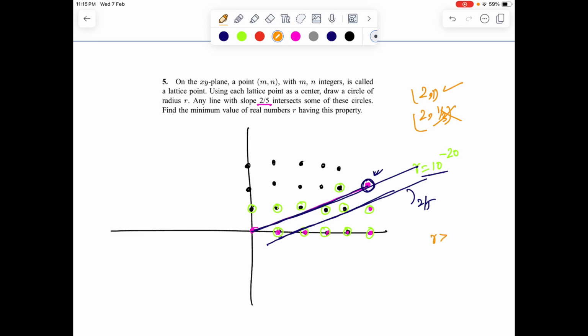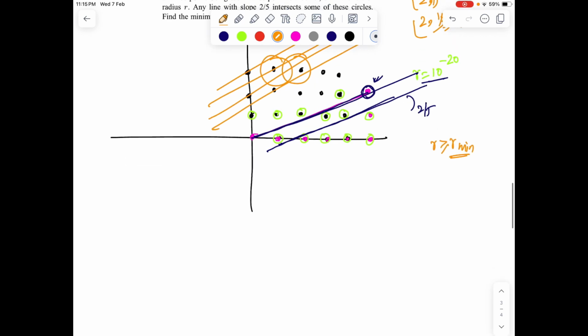So if the question is clear, you can just give a thought to how to find the minimum value of r. So there must be a value of r which is more than r minimum for which this will hold. Because if I take r to be too large, of course we feel like a 2 by 5 slope line will be cutting it, and so that gives a feel like, yeah, there must be a threshold lower bound for the radius of the circle.